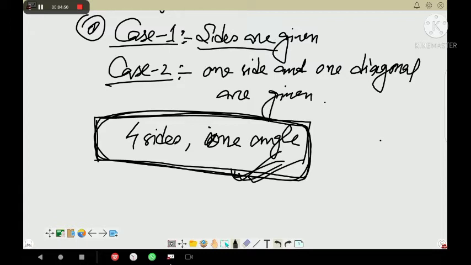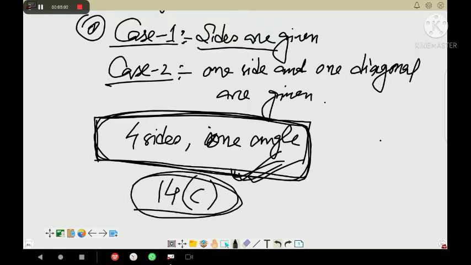It is similar to 14C. In 14C, there is one case when four sides and one angle are given.